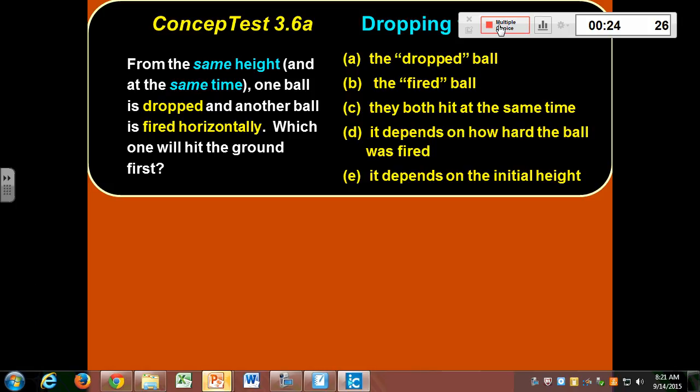I drop one ball, it just goes straight down. Another ball, I give a velocity in this direction. It's of course going to follow a path like that. Which one of those will hit the ground first? Let's stop at 45, 45.